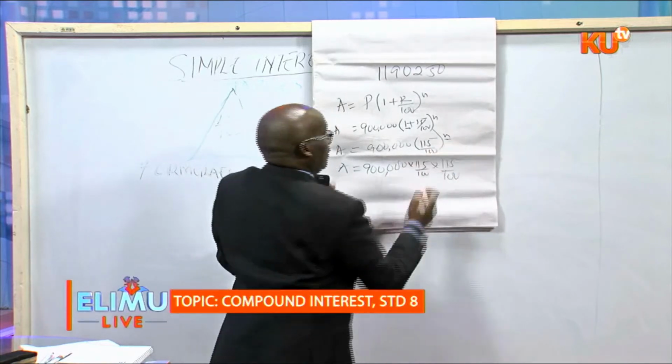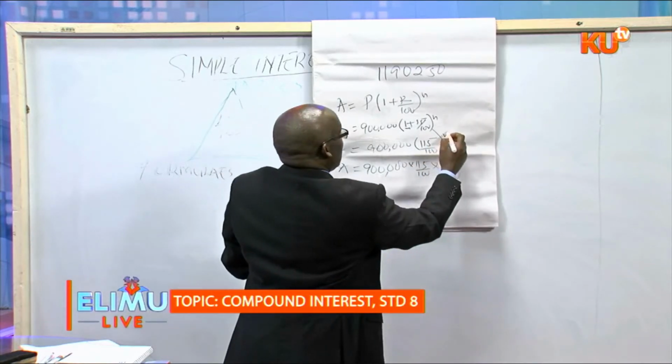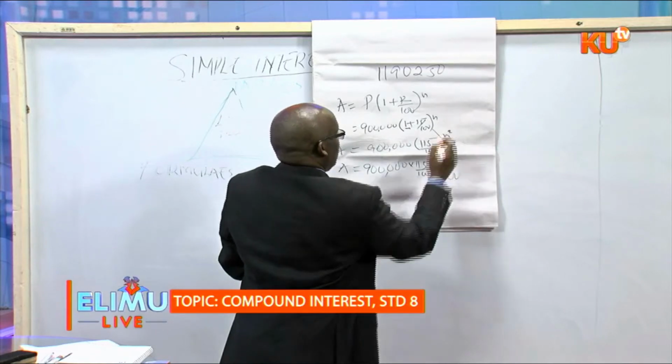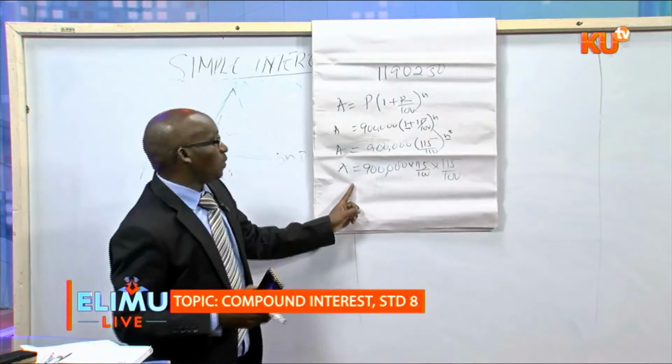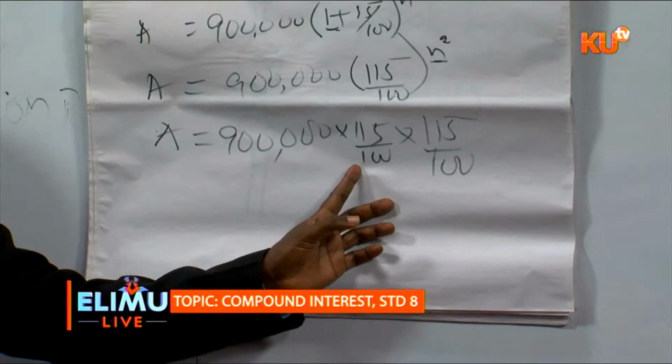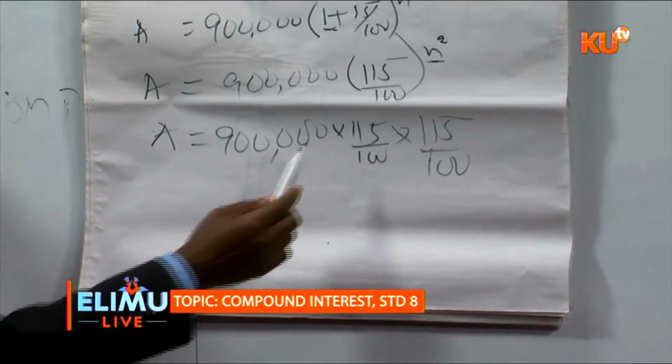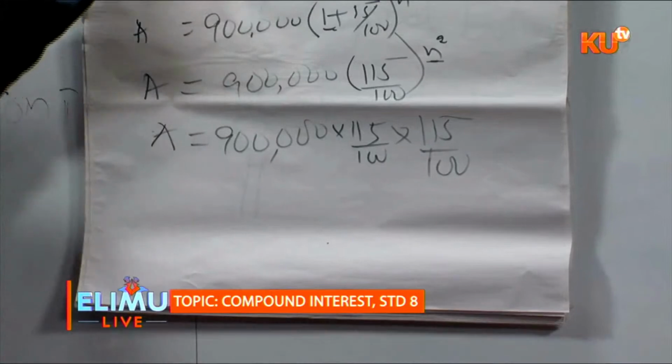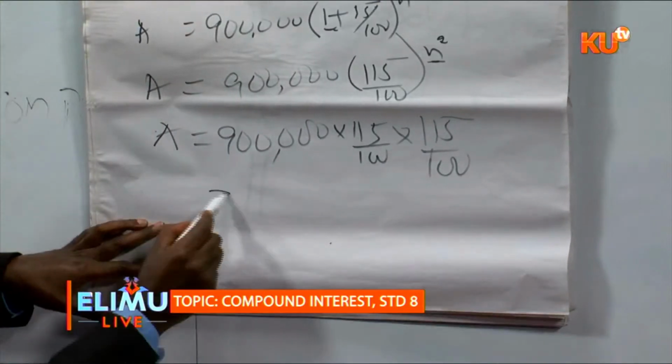So this n here represents the number of years. So 900,000 is the principal, times the rate to the power of n.